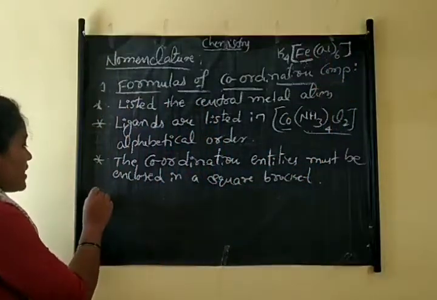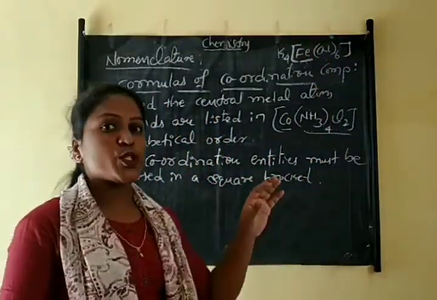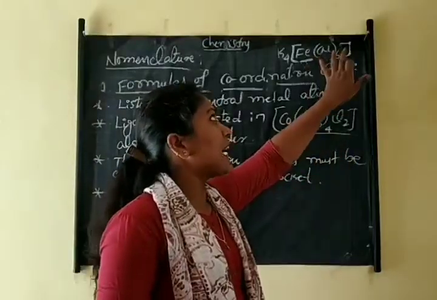And the fourth rule is there should be no space between the central metal atom and the ligand.